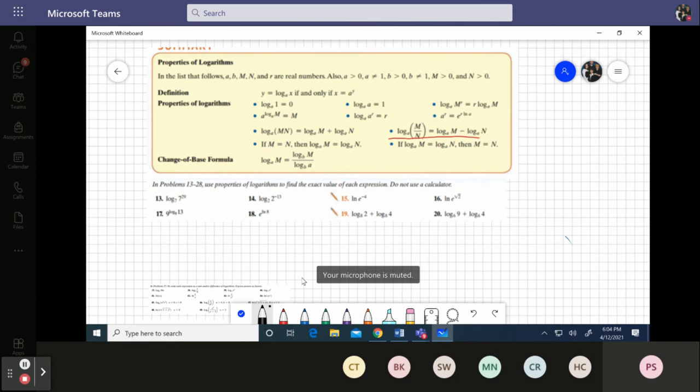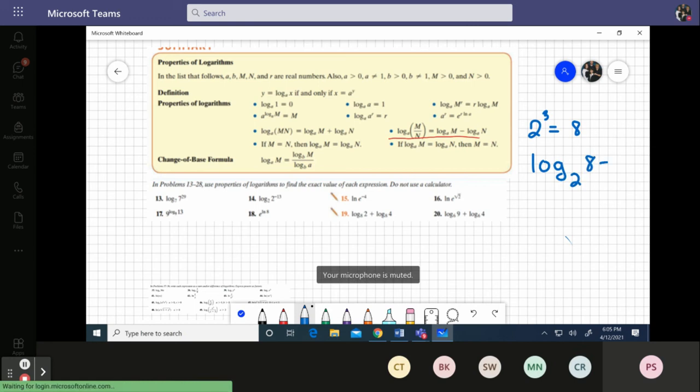So, and this just falls in line, guys, with our properties of exponents that you know from days of when. Remember, if I have 2 to the third power is equal to 8, that in log form is log base 2 of 8 equals 3, right?